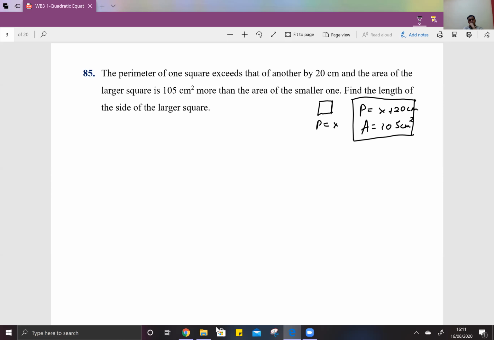Oh, it's 105 more. Now we need to find the length of one side.